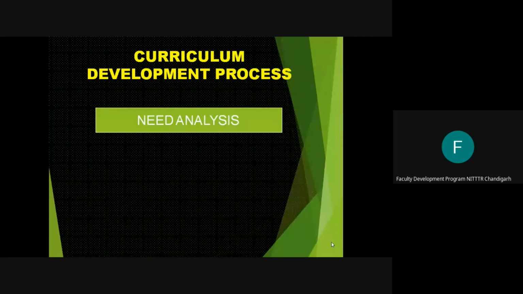If I have to design a curriculum, if I have to update a curriculum, what are the employment opportunities? What is the competency profile for the students who are passing out from that program? What type of technological developments have taken place, and then the program objectives also.